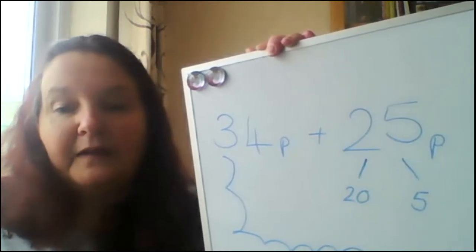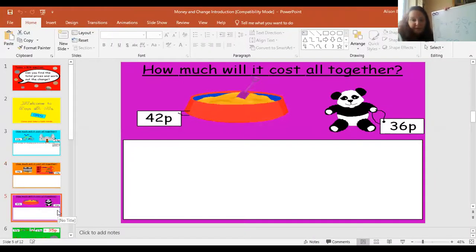Okay, let's see what the next question says. 42 and 36. Could you have a go on your whiteboard or in your book now? Write the question down, pause the video whilst you work that out.